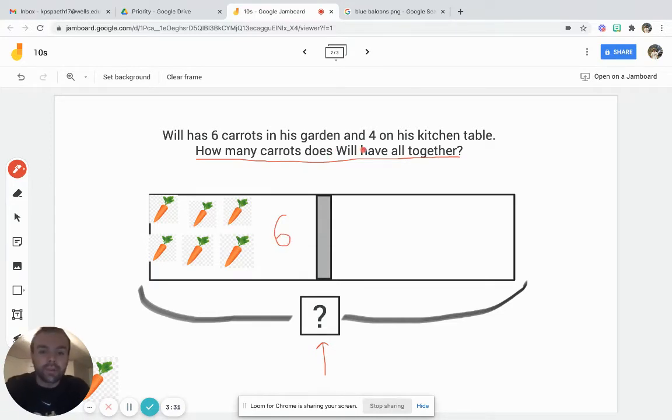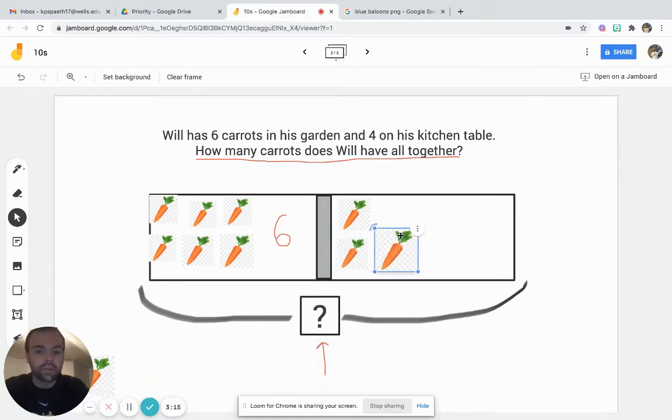The rest of the problem says that he has 4 on his kitchen table. So I take the other 4 and put them over on this side of my bar model. One, 2, 3, and 4.